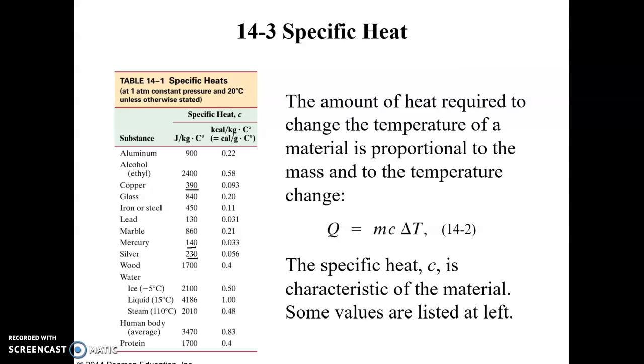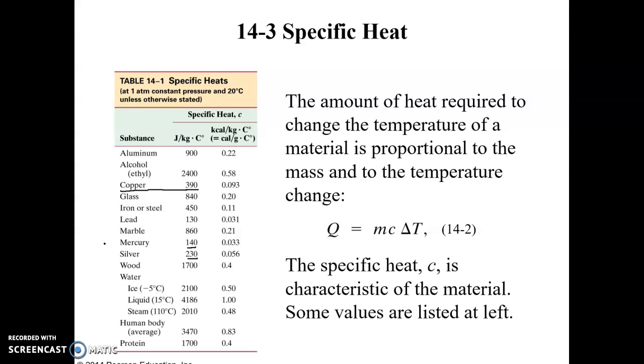So what does that mean in terms of how these materials might be used, or what characteristics they have? If you have a cooking pan, for instance, it might be made of copper, or at least be copper lined. Why is that? Because it doesn't take as much energy to heat up the temperature of copper, because it has a relatively low specific heat.